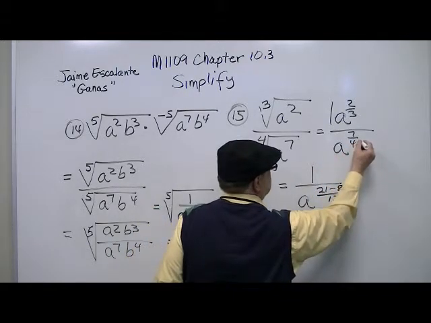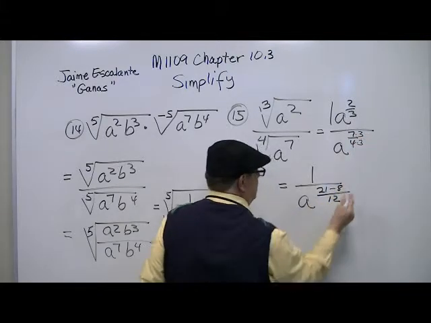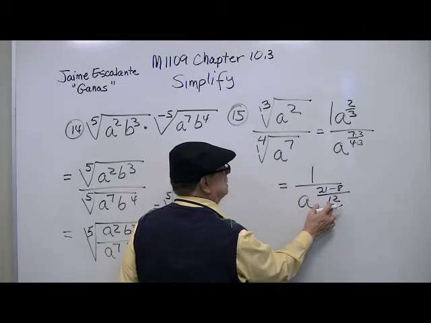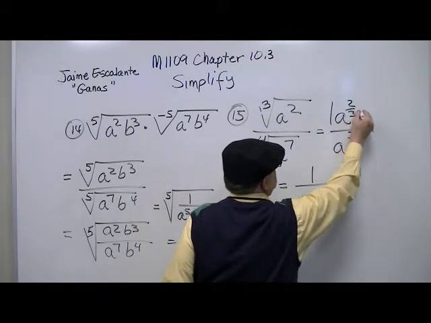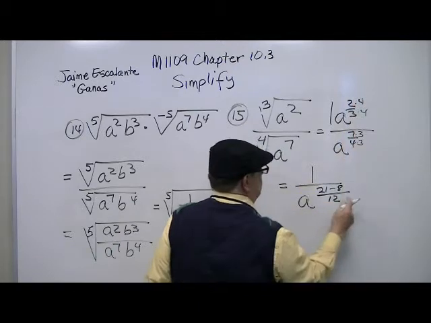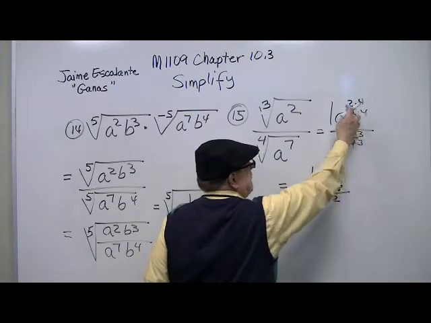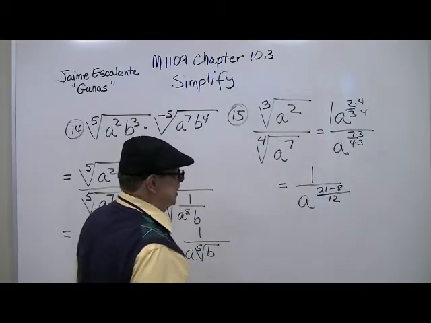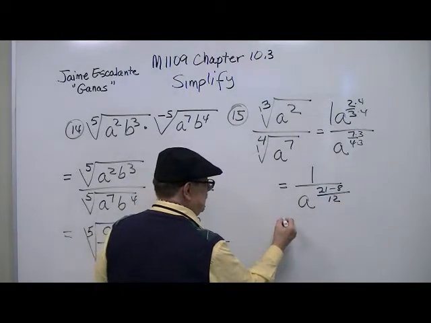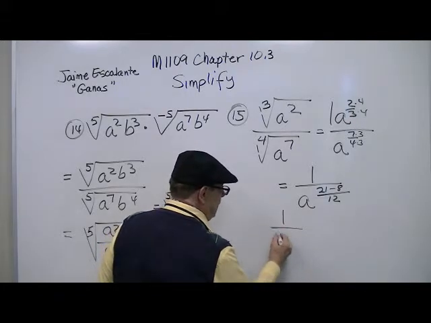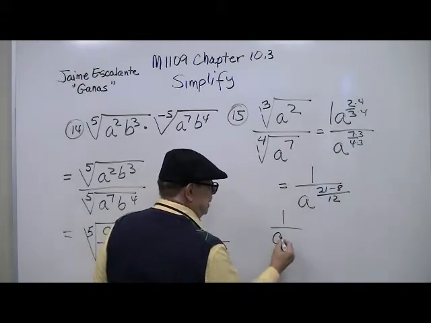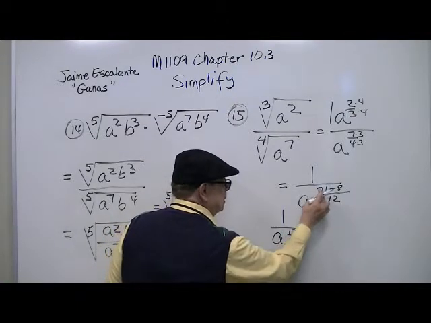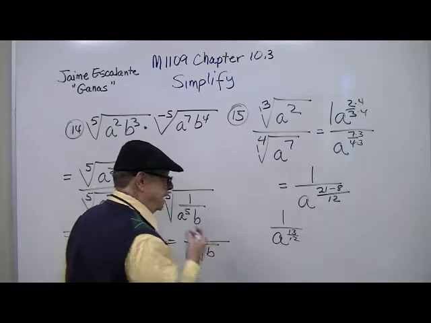So I multiplied this by 3, multiplied this by 3. That gave me my 21 over 12. Multiplied this by 4. This gave, when I brought it down, became a -8 over 12. So I'm just about ready to finish this one up. This is going to be 1 over a to the 13/12. When I do this subtraction, this is what I get.